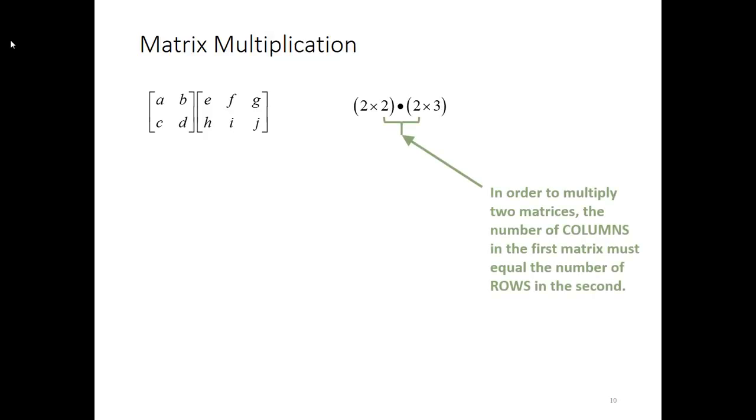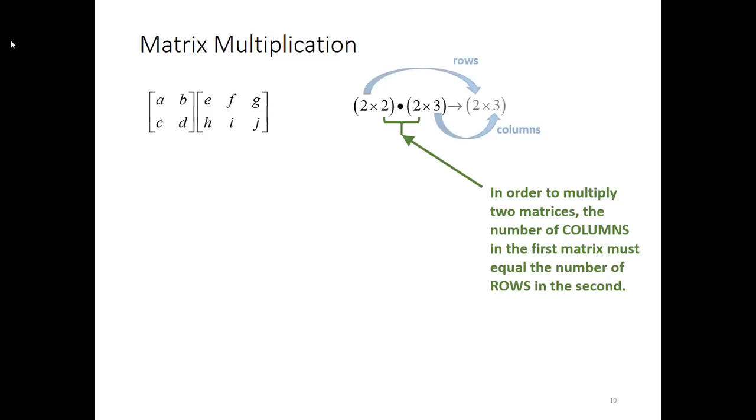Let's talk about matrix multiplication. Suppose I want to multiply these two matrices, A, B, C, D, and E, F, G, H, I, J. First question, of course, is can I multiply these two? Now, I've got a 2x2 matrix, and I'm trying to multiply it with a 2x3 matrix. The rule is, if the number of columns in the first matrix is equal to the number of rows in the second matrix, then yes, I can multiply it.